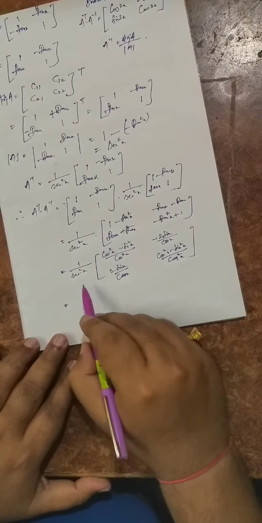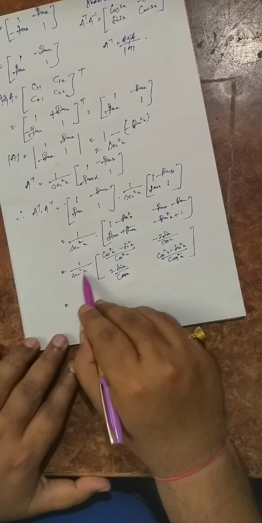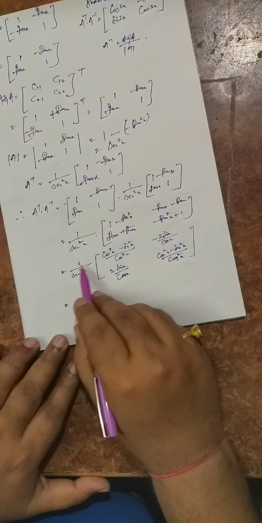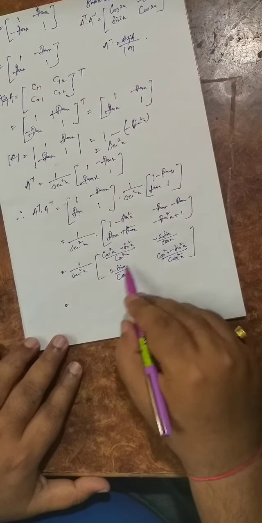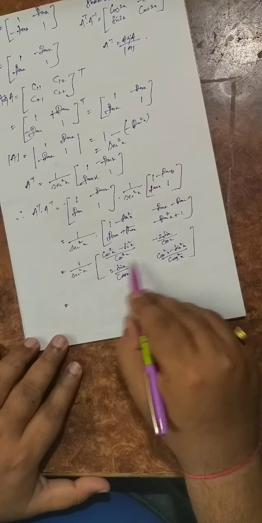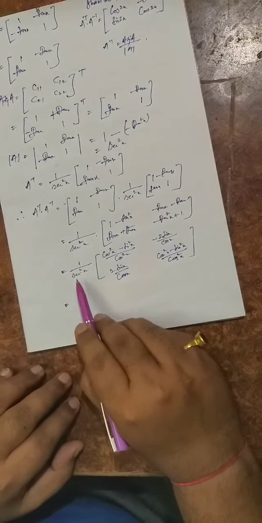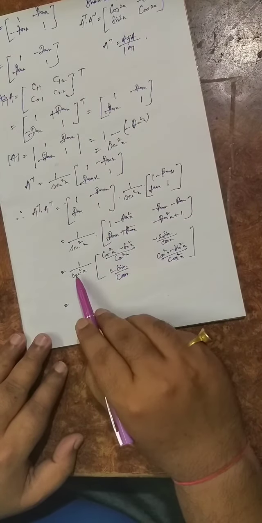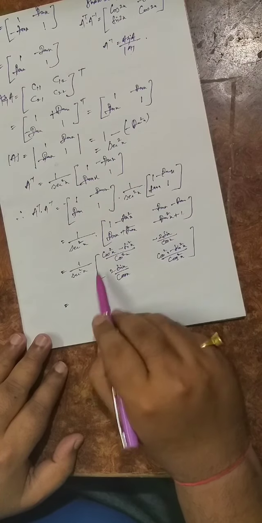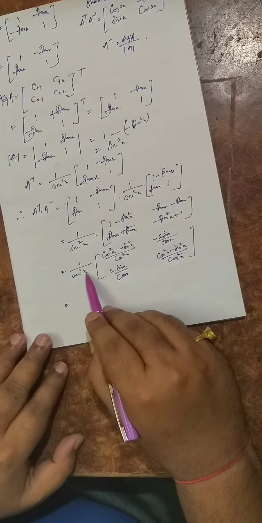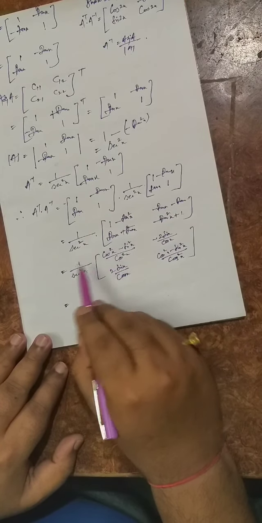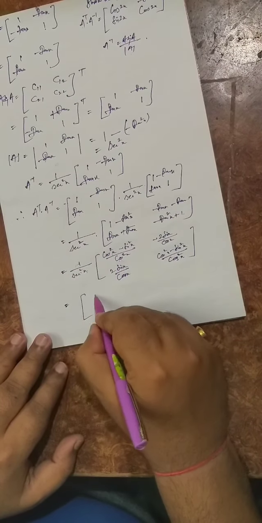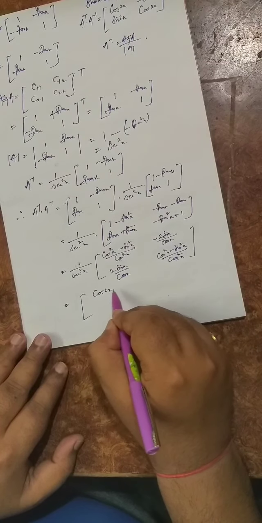Now if you take this 1 by sec square x, you can write it as cos square x. You can take it common, or better, introduce this number within the matrix. So you have to multiply this number with all the elements. While multiplying, cos square cancels. And you know cos square x minus sin square x is cos 2x, the formula from class 11.